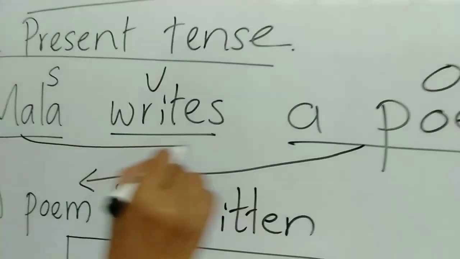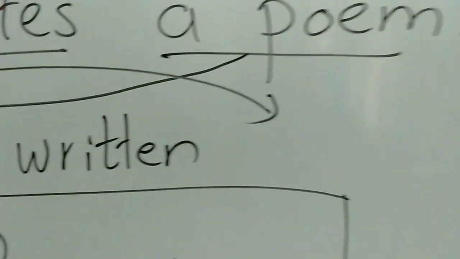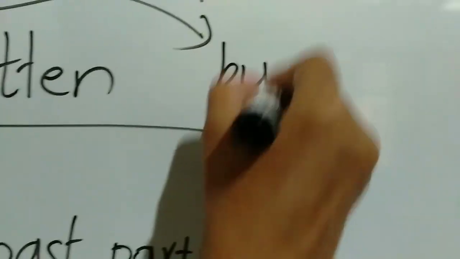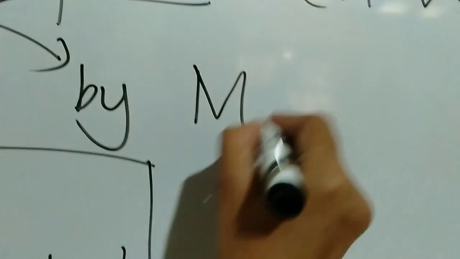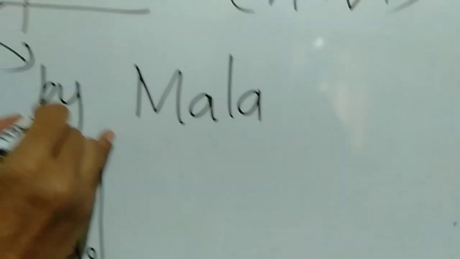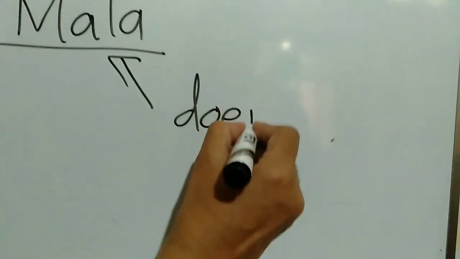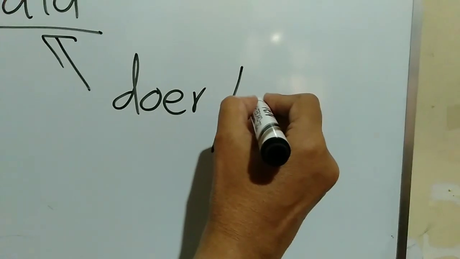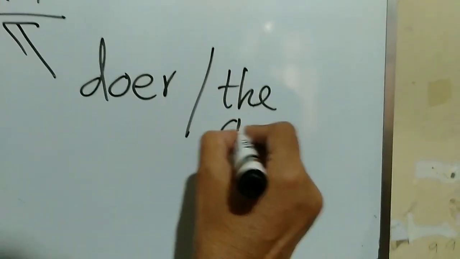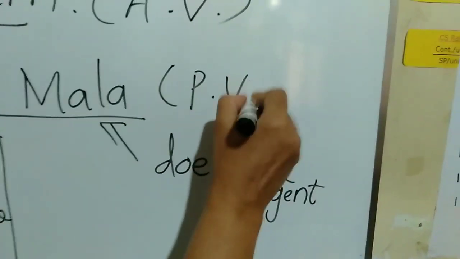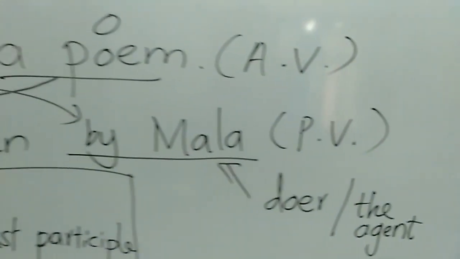This subject we take as the object of the passive sentence with the word by Mala. This is what you call the doer or the agent of the passive voice sentence.